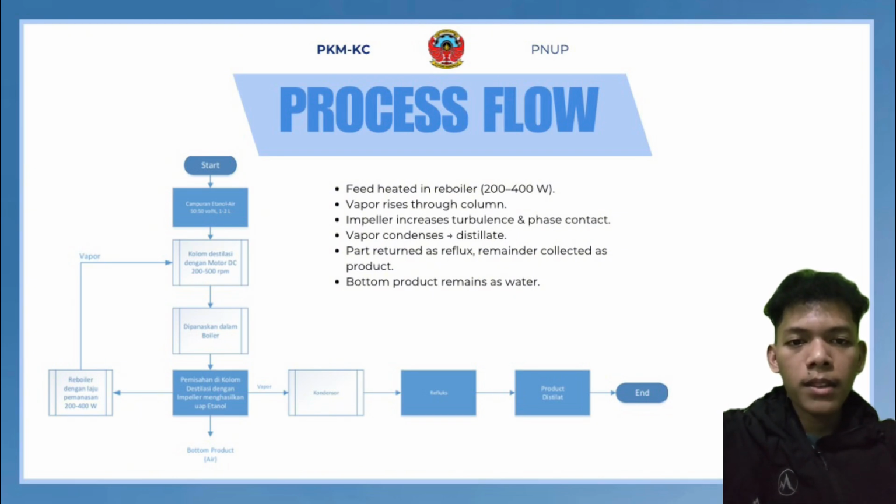Inside the column, an impeller facilitates separation, allowing the ethanol vapor to rise, while water remains as the bottom product. The ethanol vapor then flows to a condenser to cool and turn into a liquid, where some becomes reflux and the remainder becomes the distillate. The process ends when the distillate is collected and the bottom product is removed.